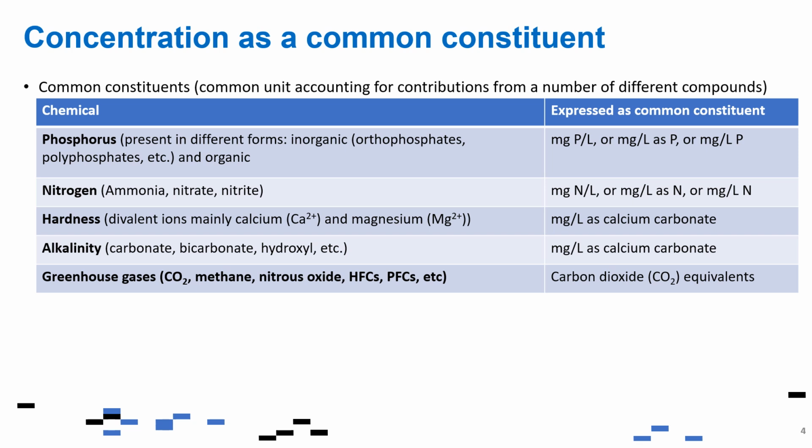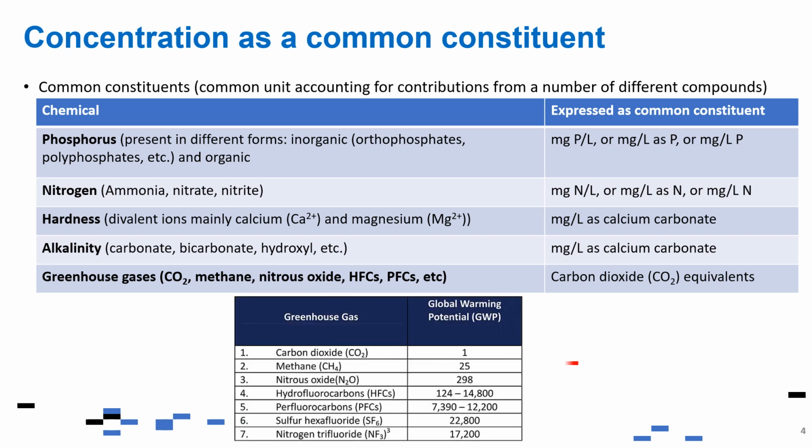The GWP is a multiplier that is used to compare the emissions of various greenhouse gases to a common constituent, represented as carbon dioxide equivalents, meaning the amount of carbon dioxide that would have the same global warming potential when measured over a specified time scale, usually 100 years. For example, 1 ton of methane emissions equates to 25 tons of carbon dioxide emissions.